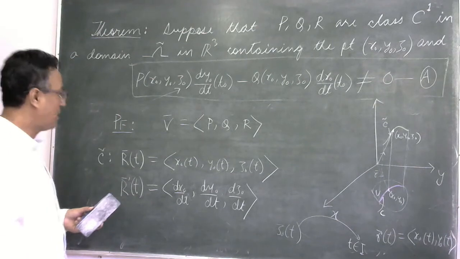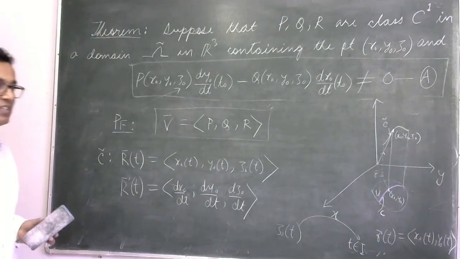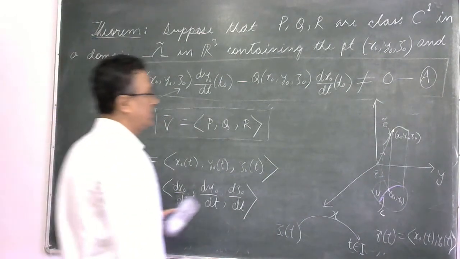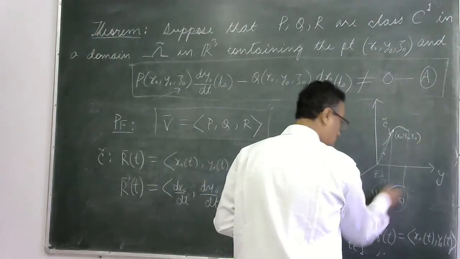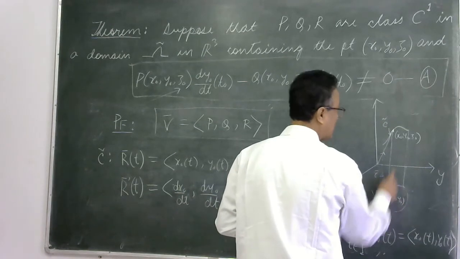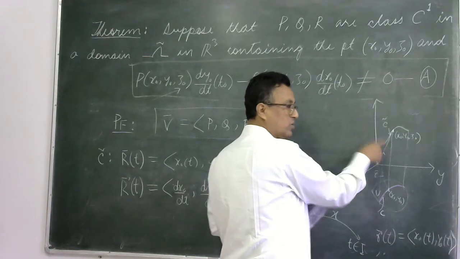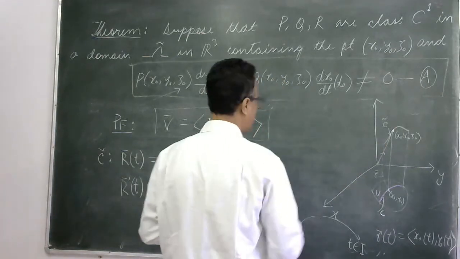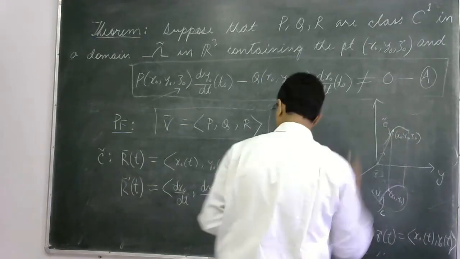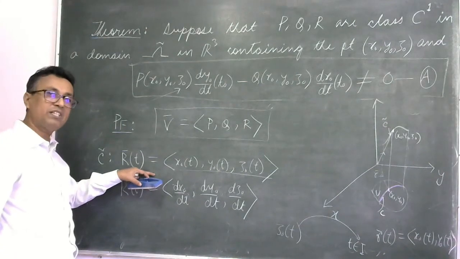See, the question is, say I have defined the vector field V as this, PQR. And then I have this initial curve in the xy plane, and corresponding to this initial curve, I have this initial curve in xyz space. This curve C tilde has been parameterized through x naught t, y naught t, z naught t.